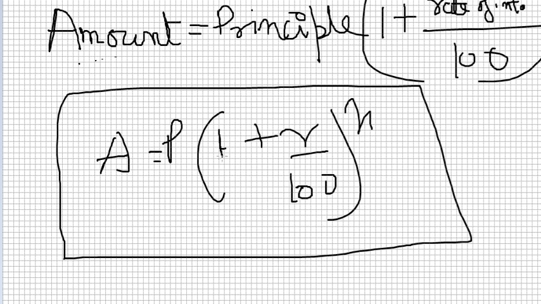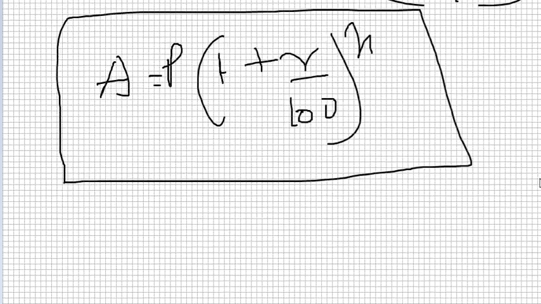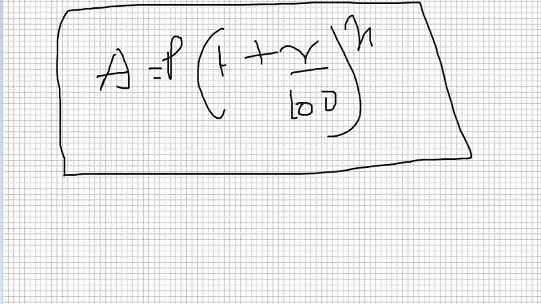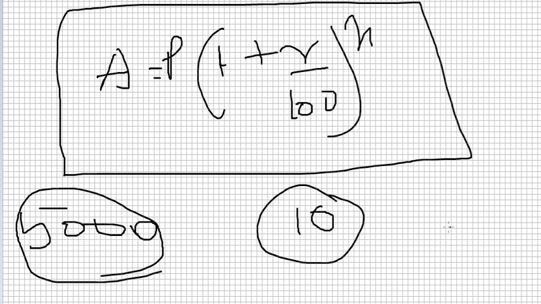Let's do one sum by doing it in the formula and by doing it in simple interest. Okay. Suppose I am taking P or principal as rupees 5,000 and rate of interest be 10% per annum, and N means suppose I am giving a term of 3 years.